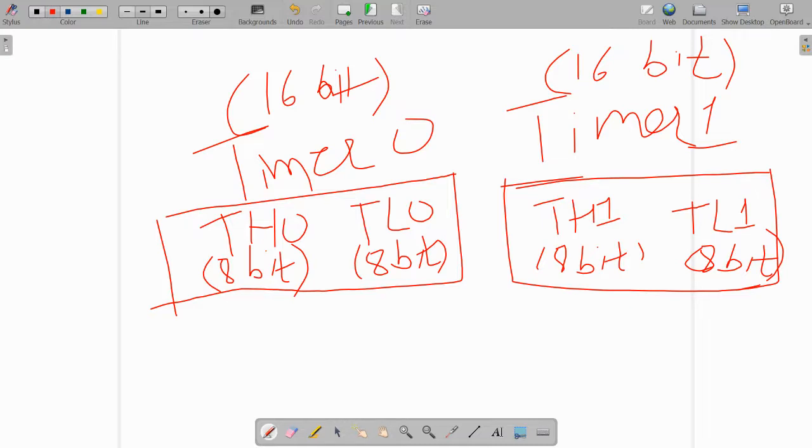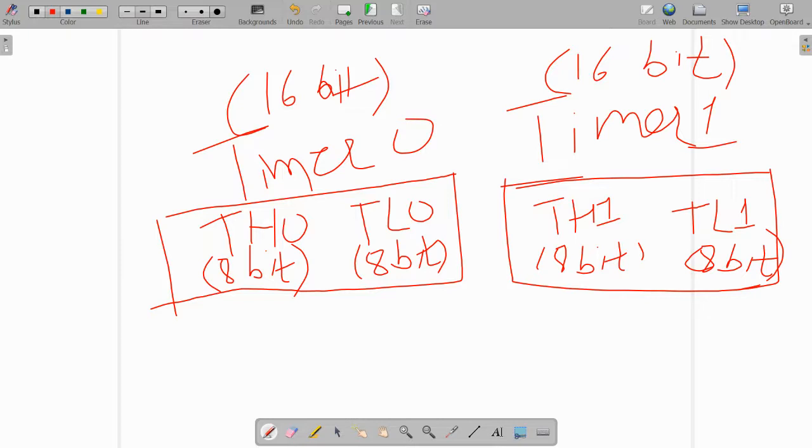तो हाँ, तो आपकी मेमोरी में आपको ये TL0, TH0, TL1, TH1 ये देखने को मिलेगा. कोई मुझे बता सकता है TL0 का बाइट एड्रेस क्या है? अगर आपने ड्रा किया होगा, आपके पास अवेलेबल होगा, तो you can just tell me what is the byte address of TL0. Okay, what about the TH0 byte address? TL1, 8.